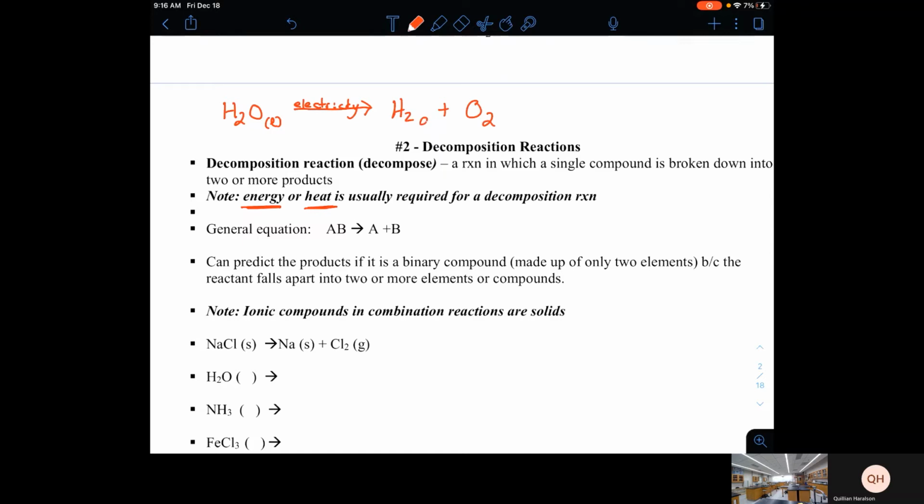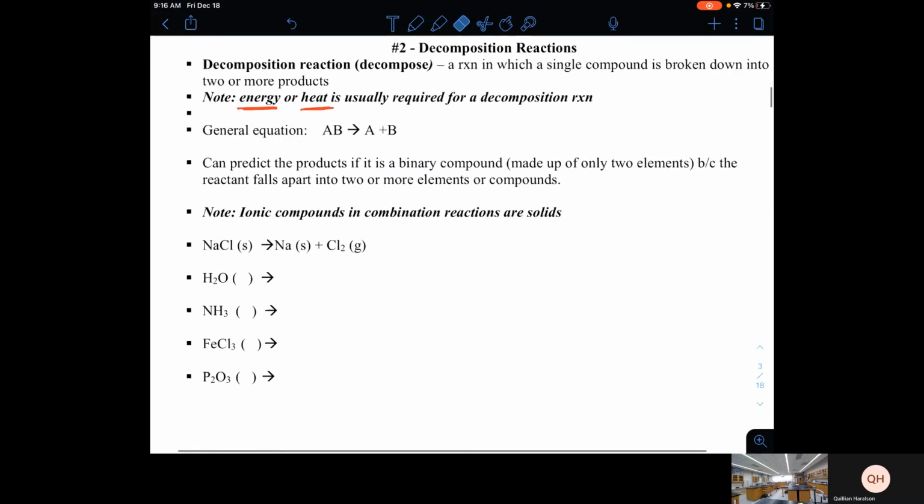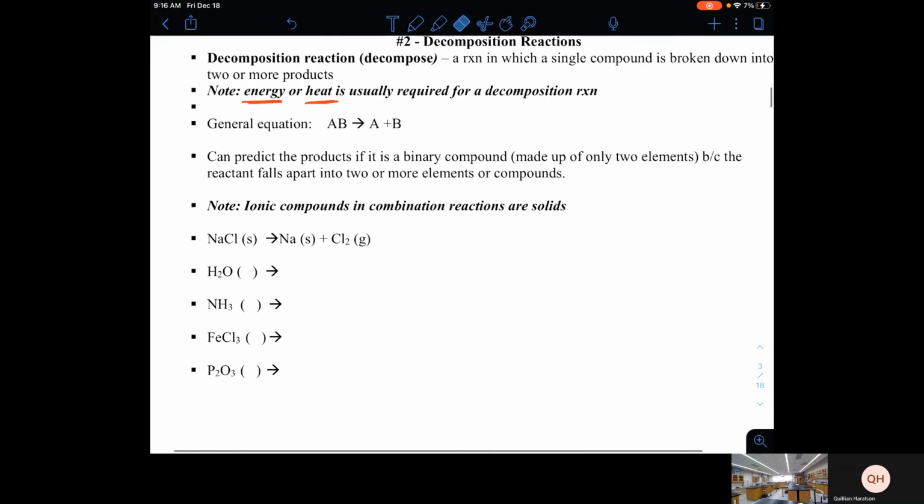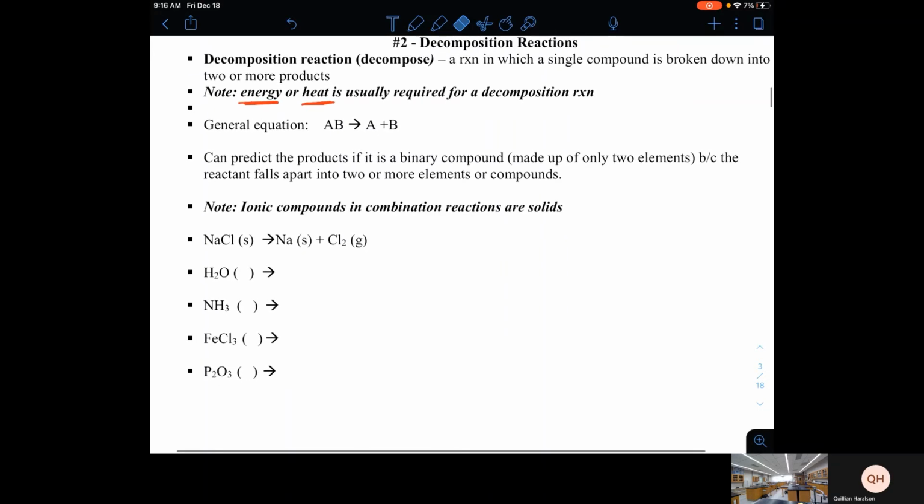In order to get this water to break apart, you do have to put electricity into it. Water is not going to spontaneously break apart. We have to put energy into it. So for these decomposition reactions, keep in the back of your mind that you need energy or heat for them to fall apart.